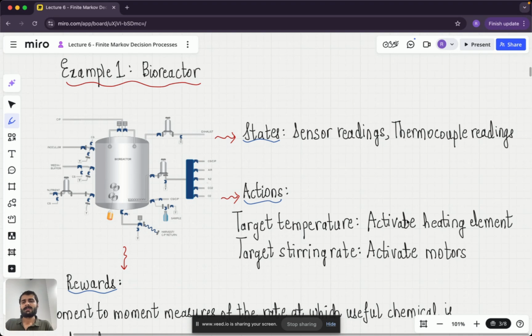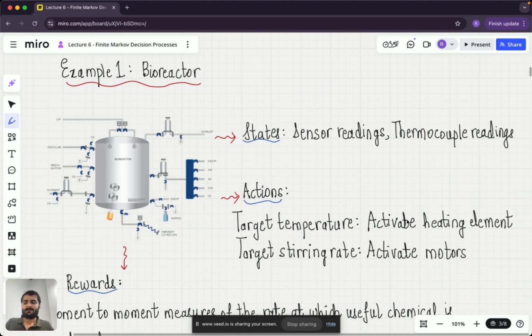All we need to know is the bioreactor is a machine which is used to produce useful chemicals, and the way it does that is by having some sensors which take readings, and then based on the readings, it tries to achieve a certain temperature and a certain stirring rate within the bioreactor.